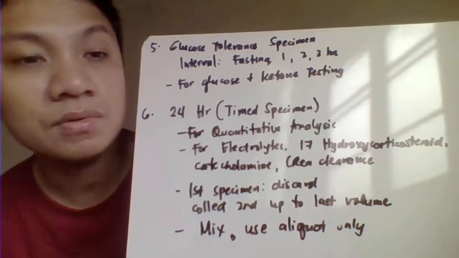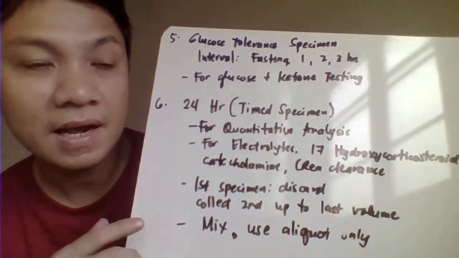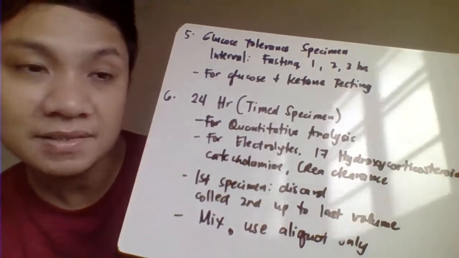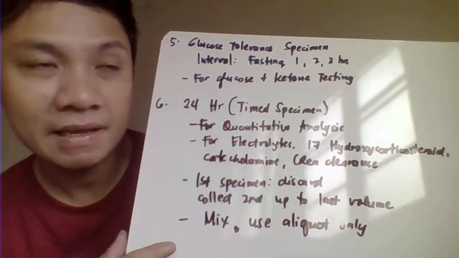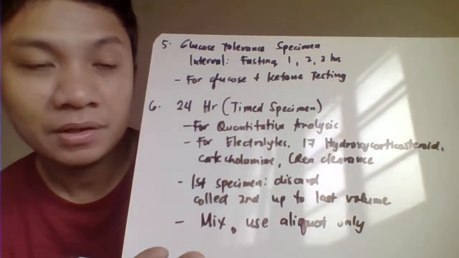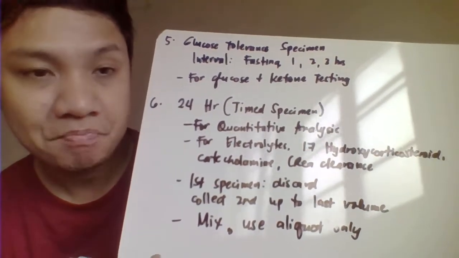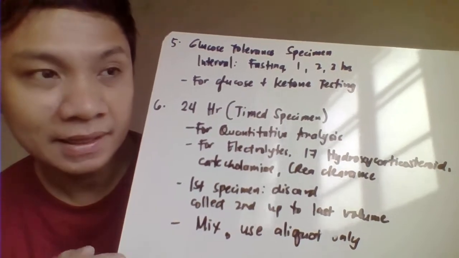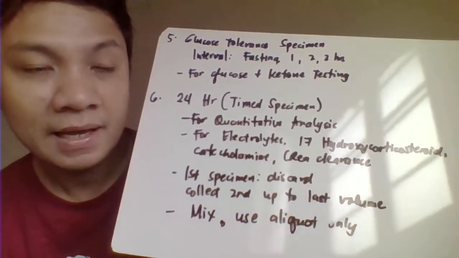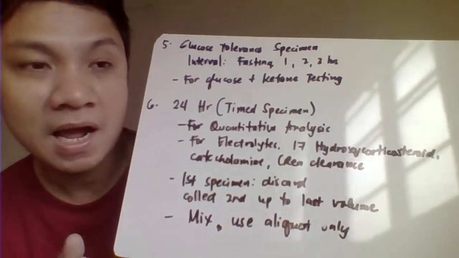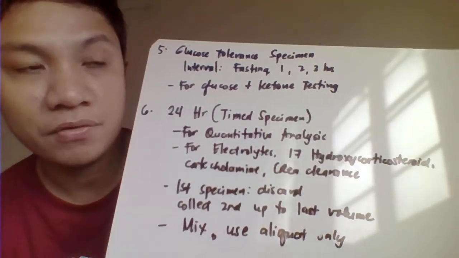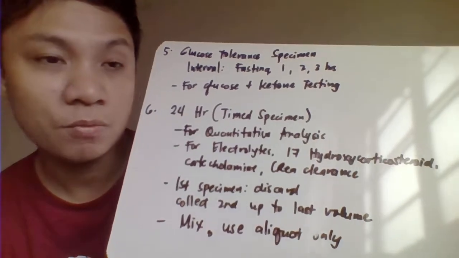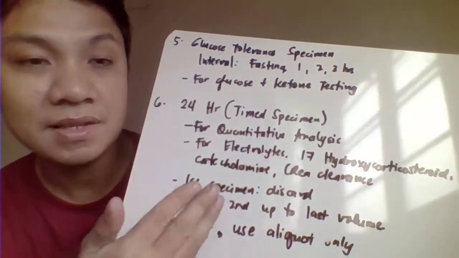You make them drink the orange juice and collect the blood at different time intervals. So you could have the fasting interval: if the patient goes to the laboratory still in the fasting state, you first get blood, then urine. After that, you make him drink a glucose load in the form of orange juice. Then after 1 hour, once he has consumed it, you collect blood plus urine again.